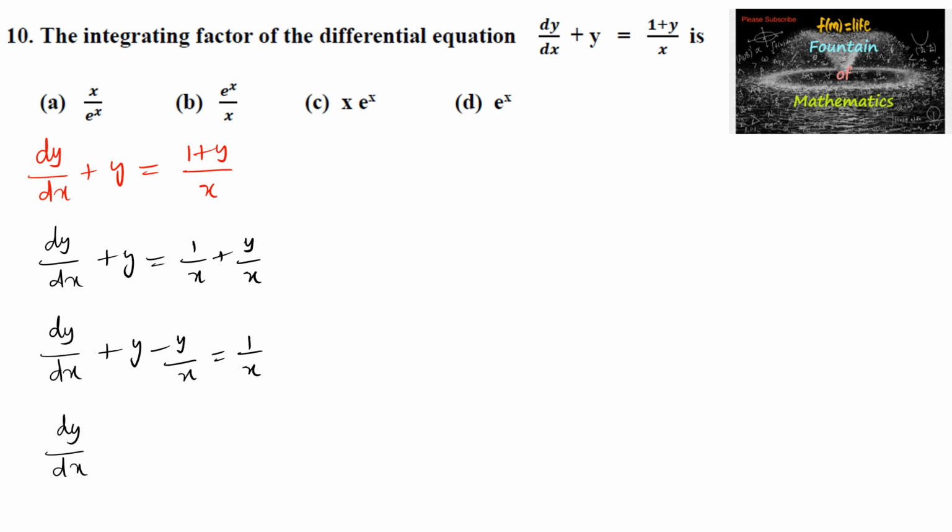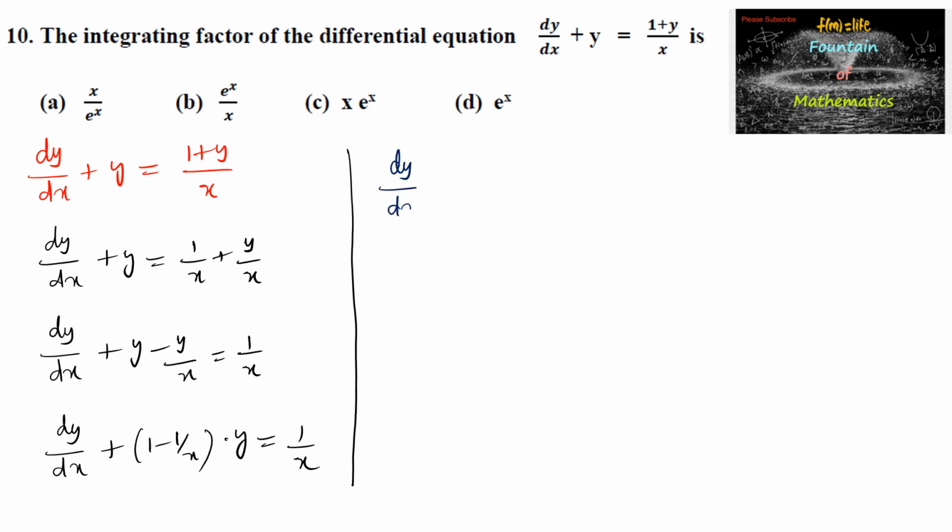Or we can write dy by dx plus 1 minus 1 upon x into y is equal to 1 upon x. So it is in the form of dy by dx plus p of x into y is equal to q of x, where p of x is equal to 1 minus 1 upon x.